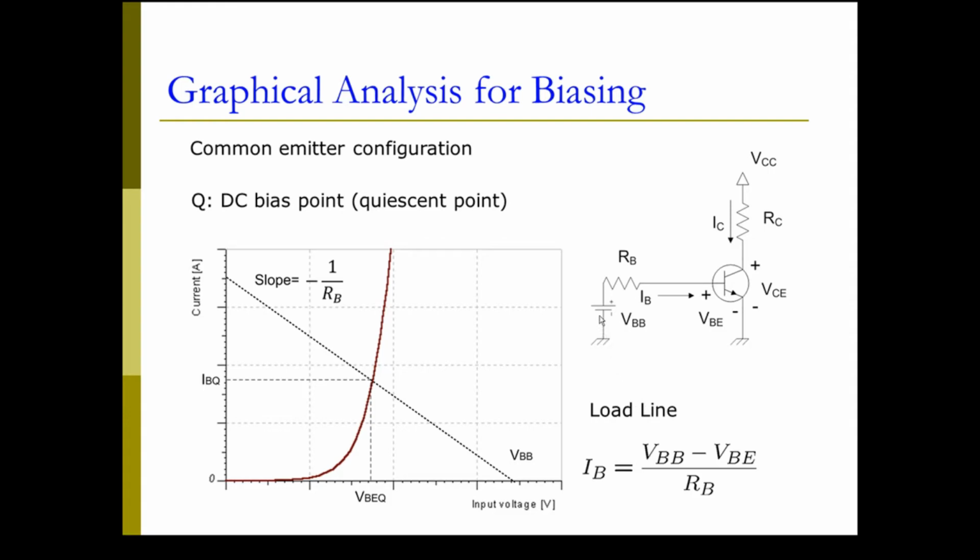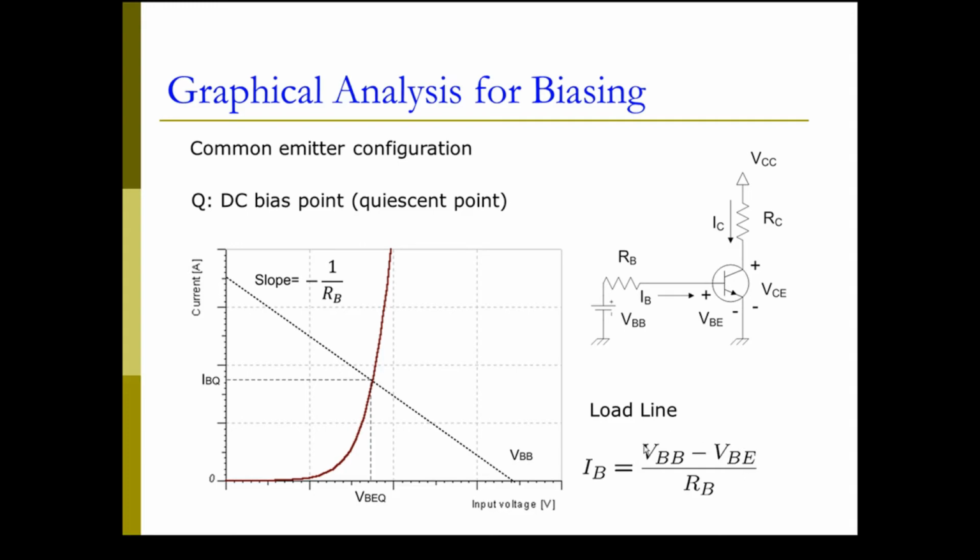So the current flowing in this loop can be calculated by the voltage difference between here and here across this resistor. Here the voltage is VBB, and here is the voltage we need to turn on the EBJ, which is the VBE. Now the voltage difference divided by the resistance value will give us the current. Now this is the current equation.